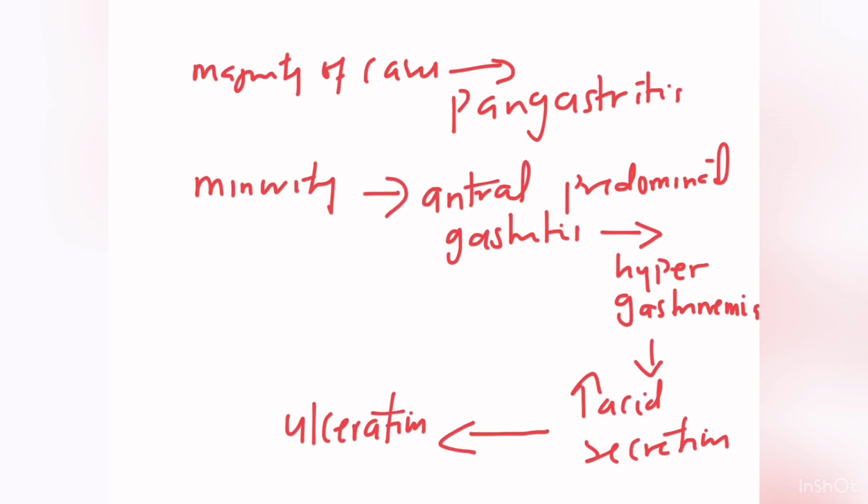So in the majority of cases, they have mild pangastritis, and in the minority they have antral predominant gastritis, leading to hypergastrinemia, oversecretion of acid, and then ulceration.